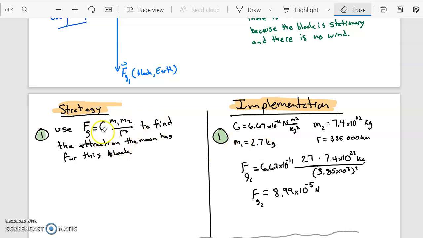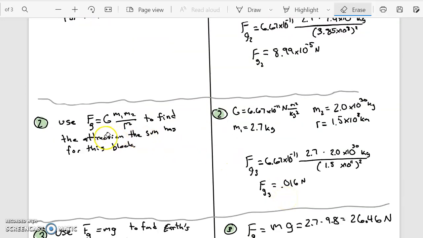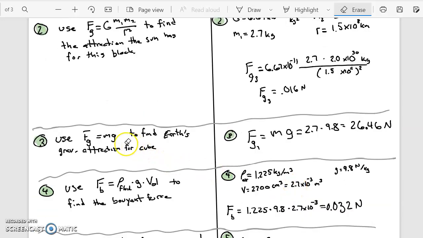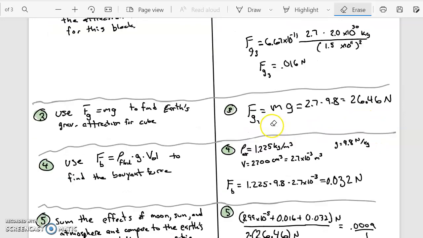So basically what we find is the moon's gravitational attraction is this value right here. We find that the sun's gravitational attraction is this value right here. The Earth itself, and by the way, this isn't even completely correct, I should be using this equation here with the radius of the equator, but basically it ends up being about 26.5 newtons or so.